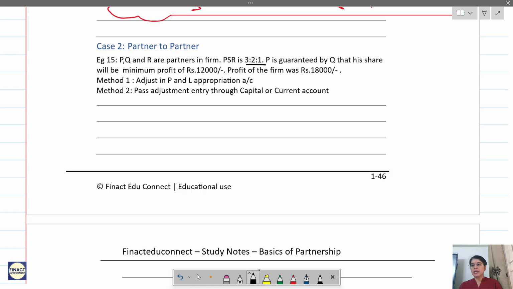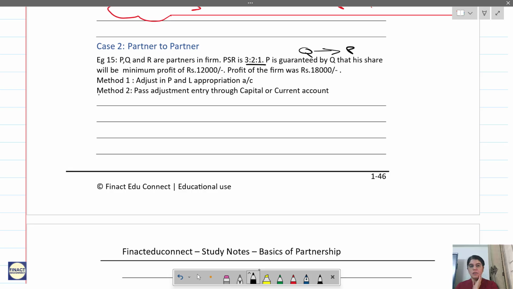P is guaranteed by Q. So Q has given a guarantee to P that his share will be a minimum profit of 12,000. Profit of the firm was 18,000, and there you have to learn, because usually in exams you won't have to prepare it using both the methods of accounting.